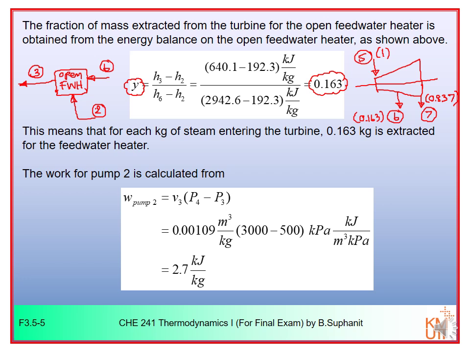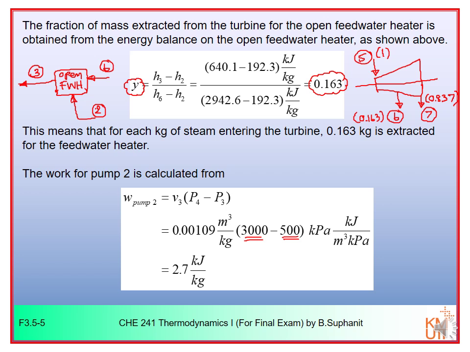Now we move on to calculate the enthalpy at point number 4. We can do the same thing as with pump number 1. We can estimate the work required for the second pump by calculating the specific volume multiplied by P4 minus P3. In this pump, it will increase the pressure from intermediate pressure to the highest pressure, 500 to 3000 kilopascal.